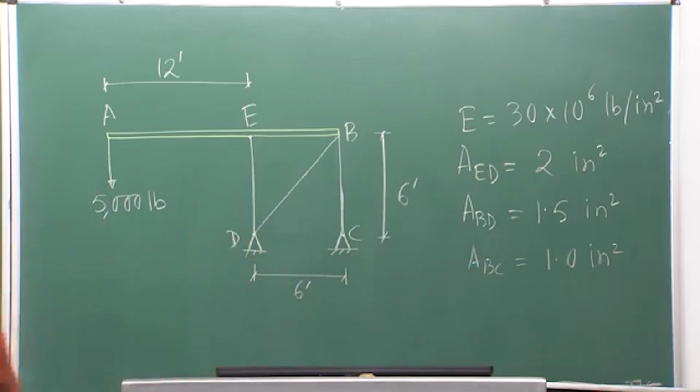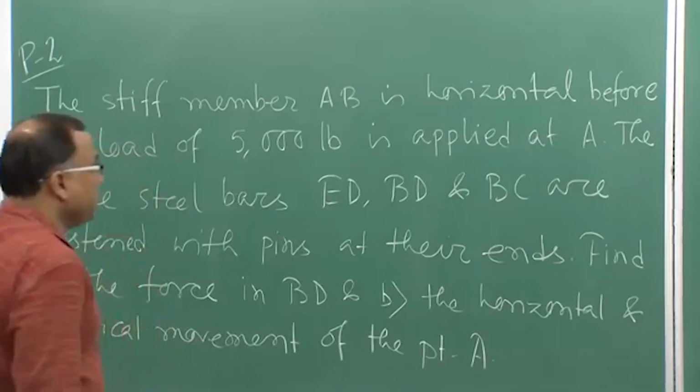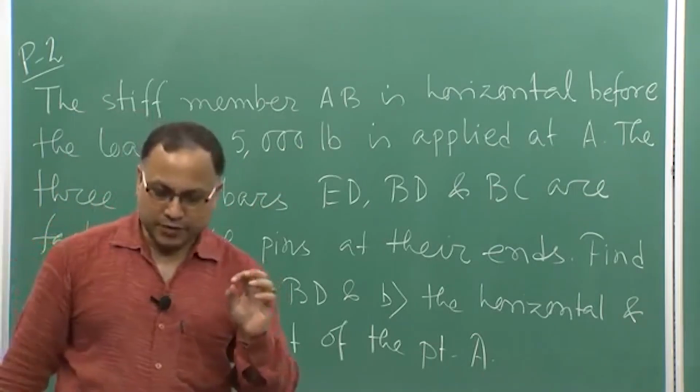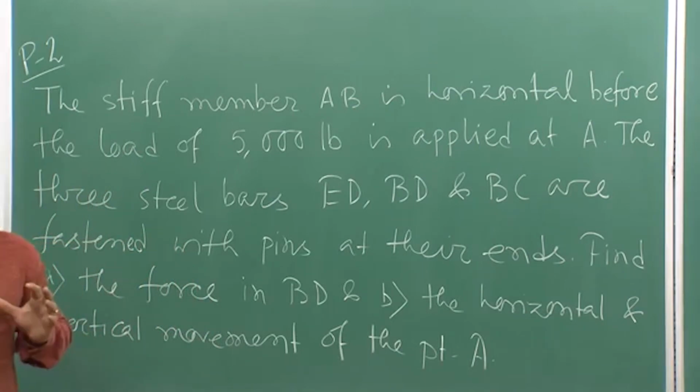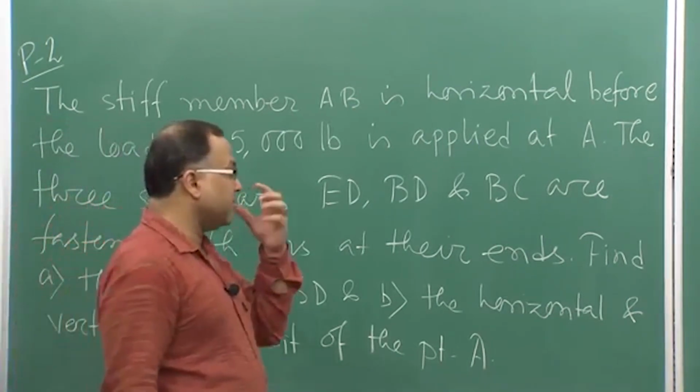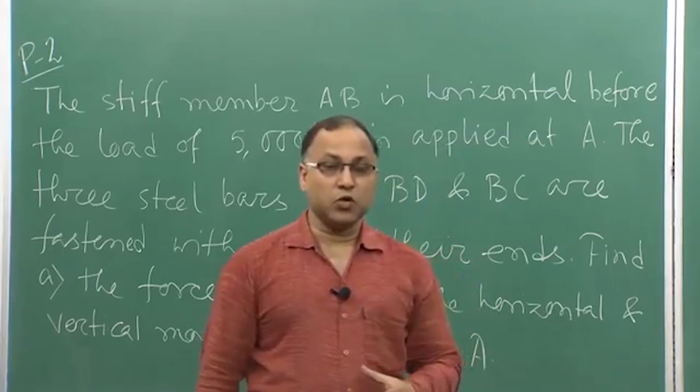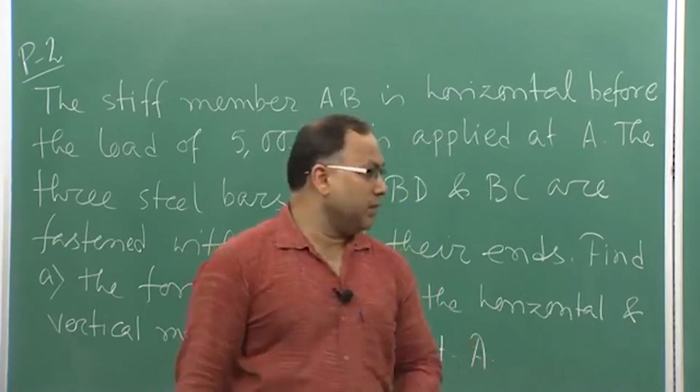Okay, so this is the problem. The problem says the stiff member AB. That means we are considering this member as a rigid member without any deformation, so it will be behaving as a rigid member.